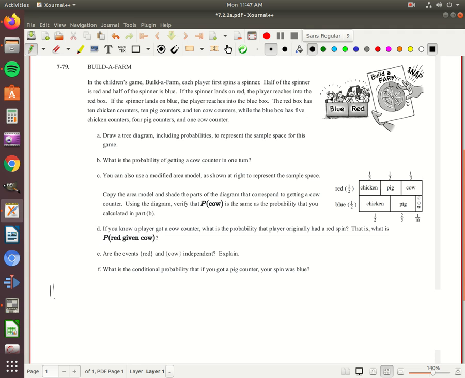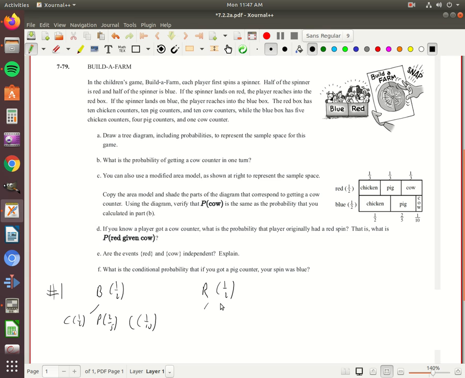So first thing we're going to have is a spinner where it's either going to be blue or it's going to be red, and those are 50-50 odds. From there, if it is blue, I get a chicken half the time, I get a pig 2/5 of the time, and I get a cow 1/10 of the time.